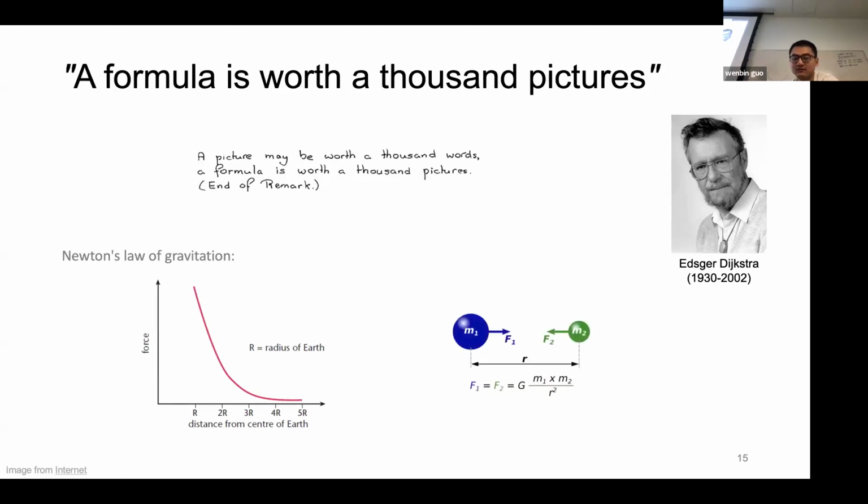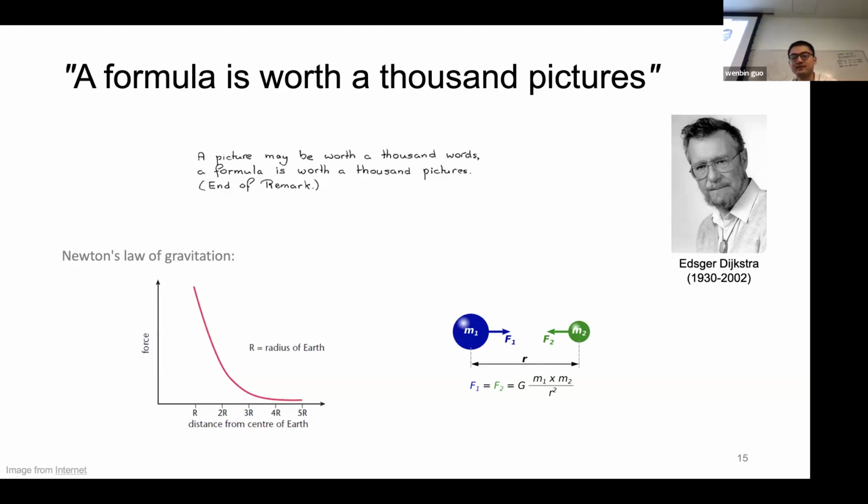A formula could help us make this point clearer. For example, in Newton's law, we know it decreases in quadratic form. So when we add this information to the plot, we probably get a better understanding of the relationship between force and distance.